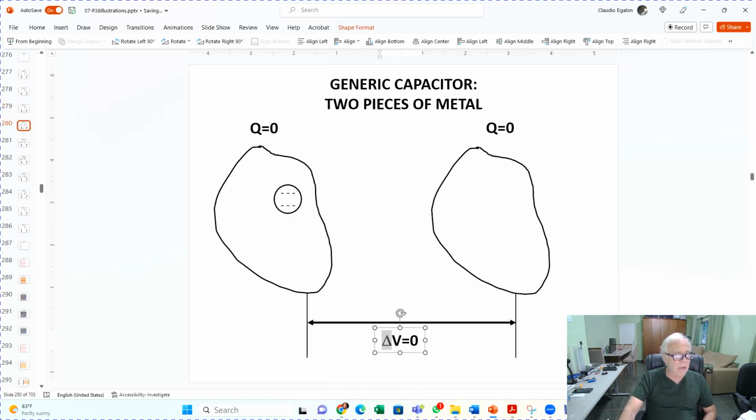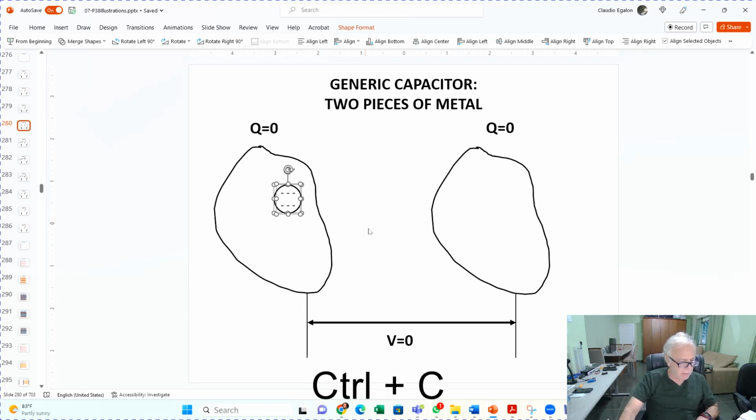And how are we going to add potential energy to this system of two capacitors? Well, note that both pieces of metal here are made up not only of negative charges but positive charges as well, right?